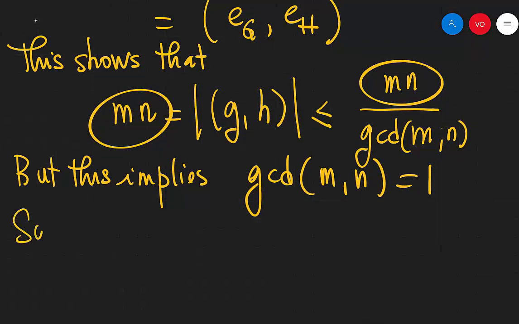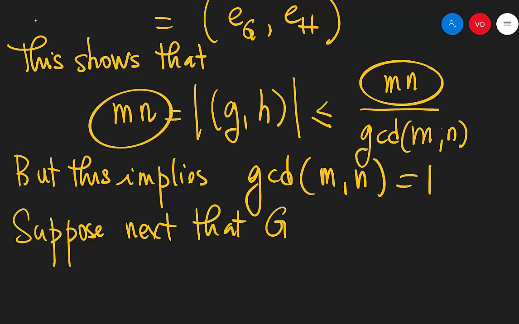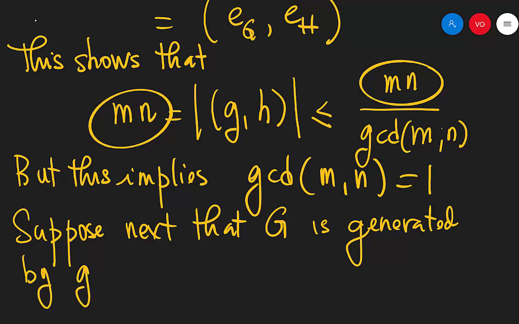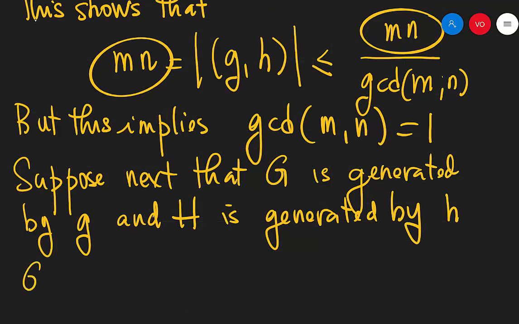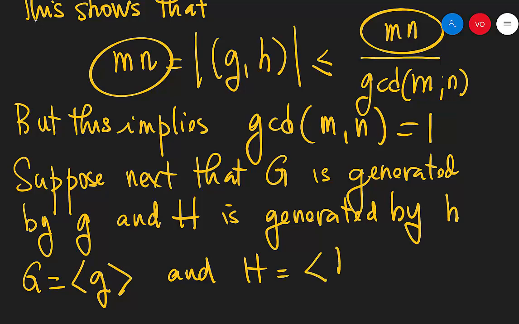Now, suppose next that G is generated by some element little g, and H is generated by some element little h. So we can write G essentially as this element and H as this element.